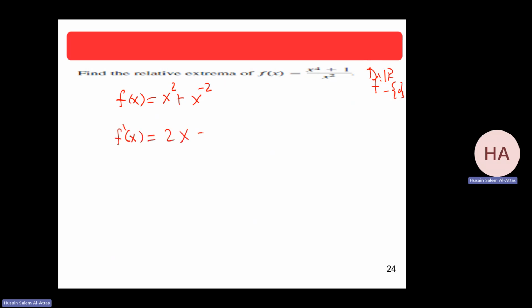It will be 2x minus 3. So I take 2x minus 3 as a common factor. What is the remaining? The remaining is x to the power 4, minus 1.